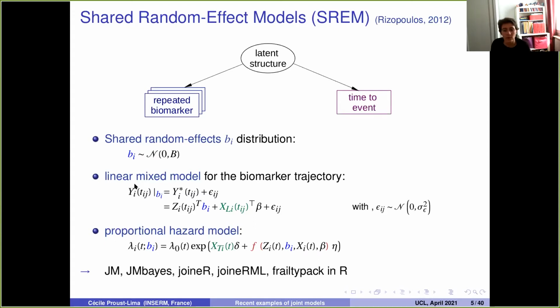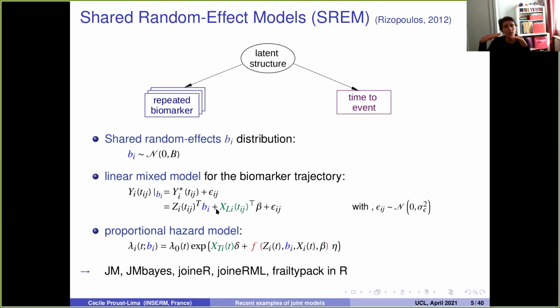When I look at an observed biomarker, I will make a distinction between the observation and the true signal that is underlying this observation. So the true biomarker level is denoted with a star here. Basically, my observation is my true level plus an error. Then in a linear mixed model, I will describe this true biomarker level using both some characteristics at the population level, that's some covariates related to time, which will look at the shape of my biomarker over time, and fixed effects.